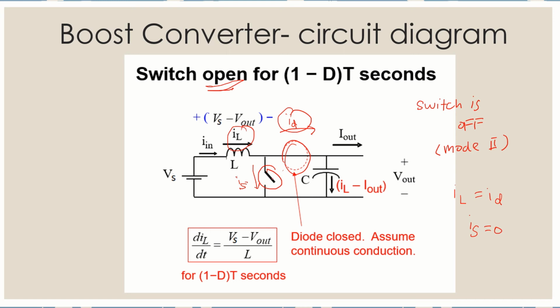Okay, so we're going to continue on to derive the circuit. Let's have a look when the switch is off, that is mode 2. Let's redraw the circuit again. I'm sorry, it's hard to draw using a tablet. Please bear with me.